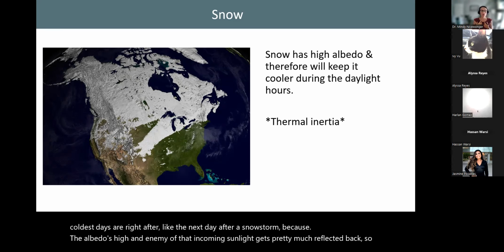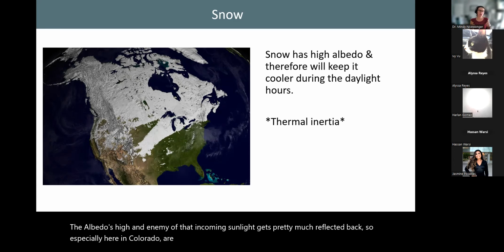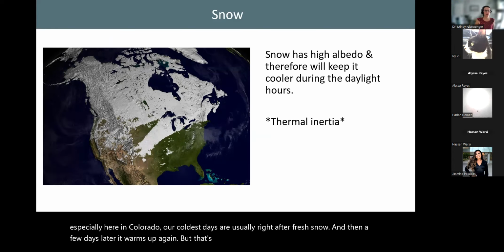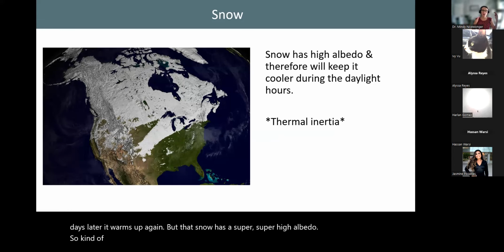So especially here in Colorado, our coldest days are usually right after fresh snow. And then a few days later, it warms up again, but that snow has a super, super high albedo. So there are kind of countering effects, whether you're in the surface, the soil, or above the snow in the atmosphere.